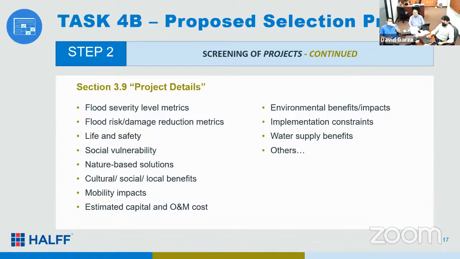So there's a lot of stuff that's not strictly, like you're saying, do we pull enough houses out of the floodplain to make this feasible strictly in respect of cost. So I think there are a lot more, I don't want to call them softer, criteria that will be included in this BC ratio. Okay, thank you.